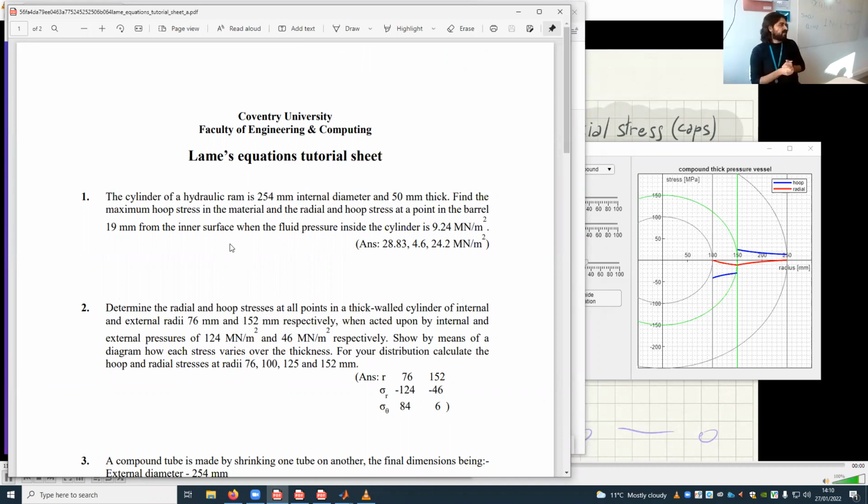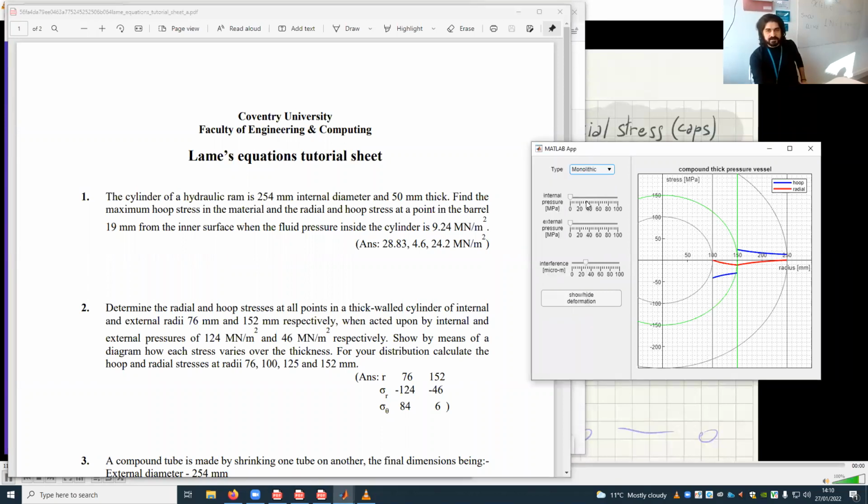Now this is a pressure vessel under the influence of internal pressure only. So we know that under these conditions, with internal pressure only, the largest hoop stress must be at the inner face. That's how it works. But we also want to find both the radial and hoop stress at a point in the barrel which is 19 millimeters from the inner surface.